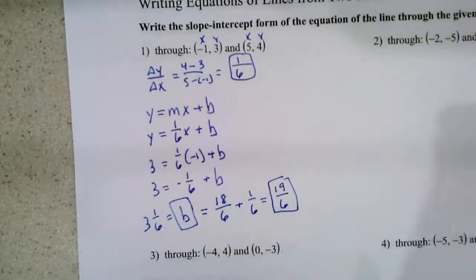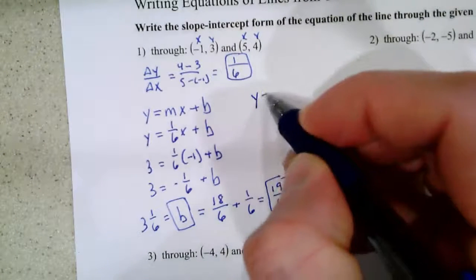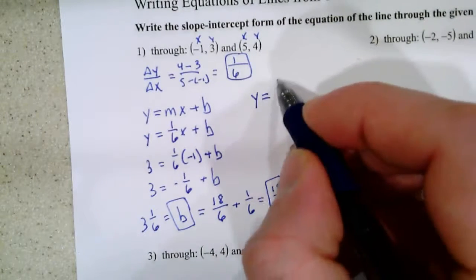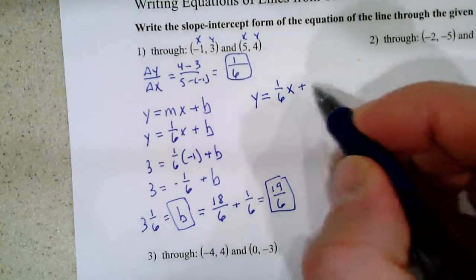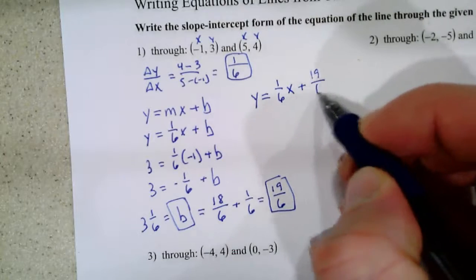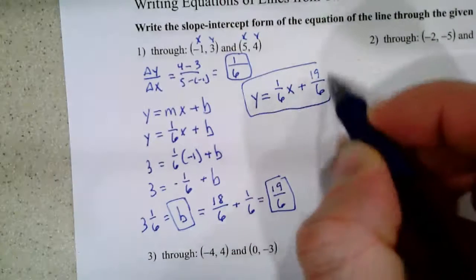So now we know everything we need for our equation. Our equation is y equals our slope, 1 over 6x, plus our y-intercept, which is 19 over 6.